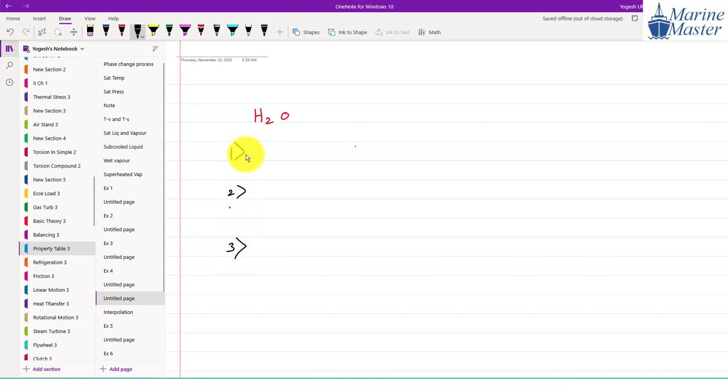First is related with temperature, and the corresponding P sat we get here. This is the only table of its kind in the property table, the first one.